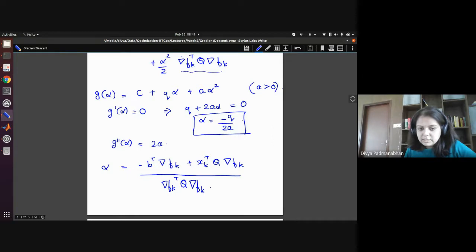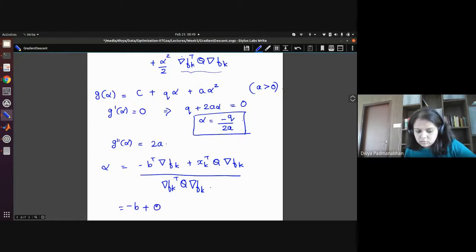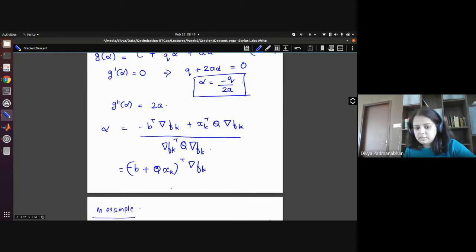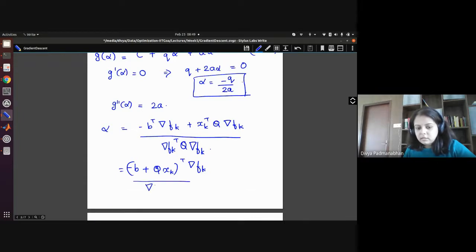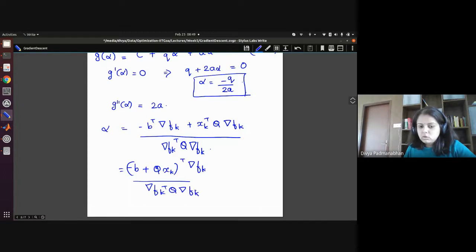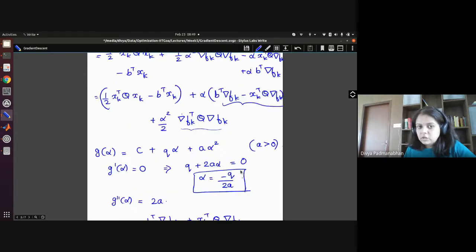So here if you see, this is just minus B plus Q, Q Xk transpose grad Fk. So in the numerator, I'm just taking the grad Fk as common and the denominator is just the same. So now what is this term here? Qxk minus B. This is something we already computed, right?